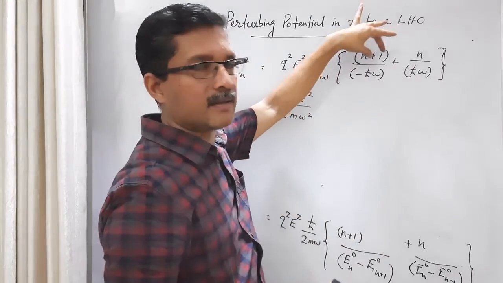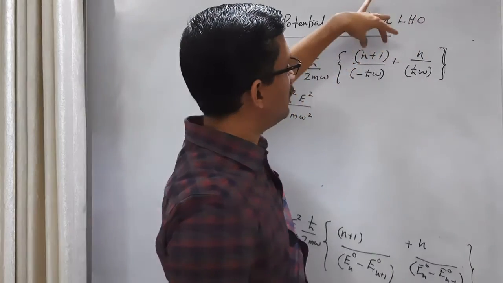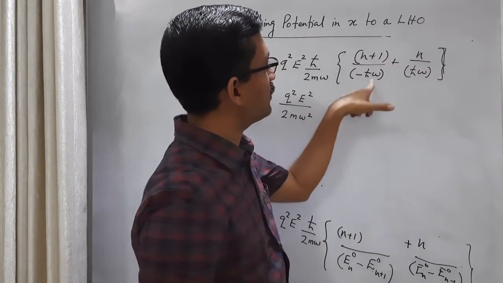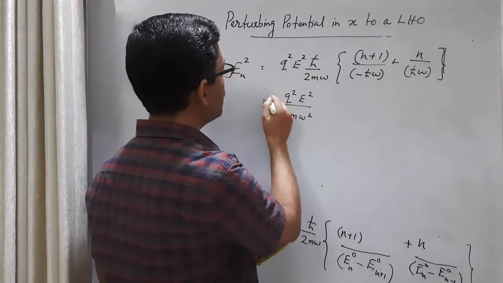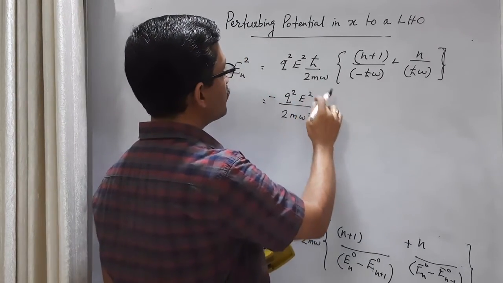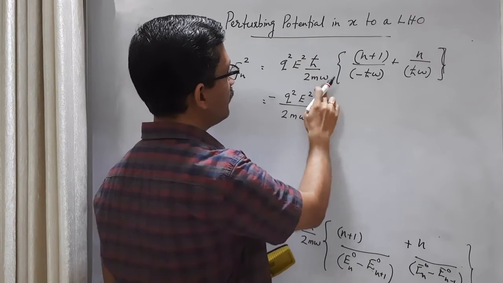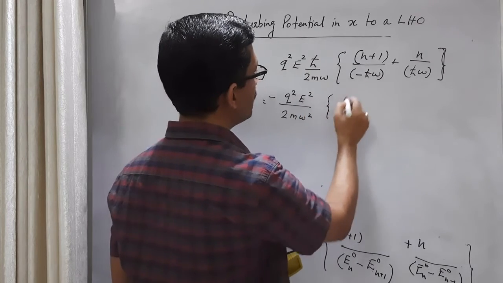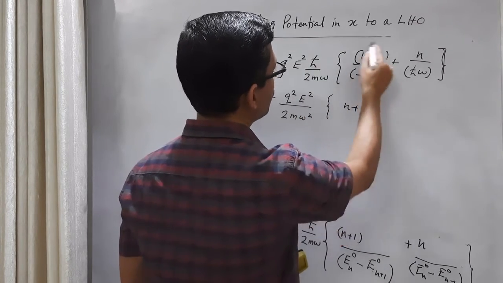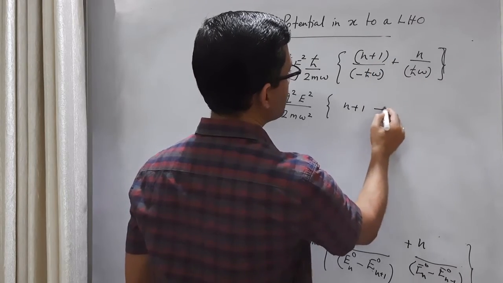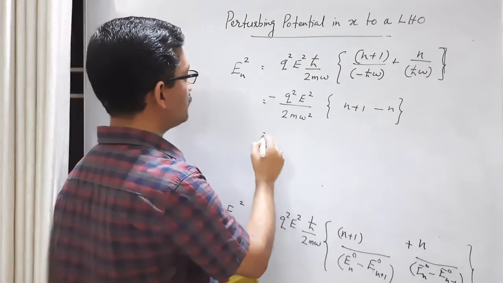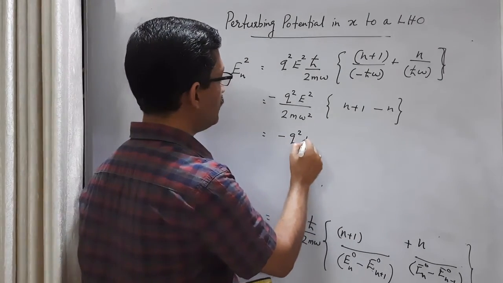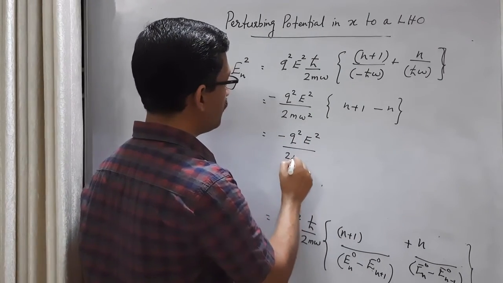There is an n plus 1 here, and minus h cross omega gives a minus sign, and h cross is cancelled. Omega into omega will become omega square. So what is remaining here? N plus 1 minus n, so the term in the curly bracket will be 1. So what we get is minus q square E square by 2m omega square.